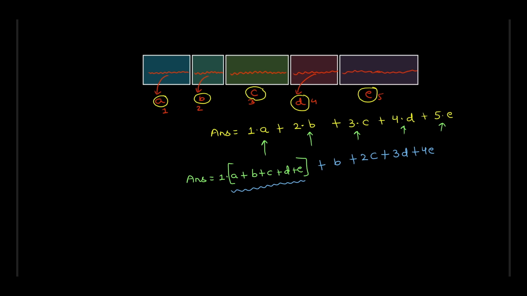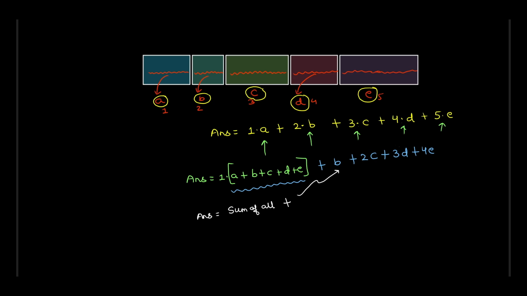So, can we write it like this? Answer is equal to the sum of all plus this quantity. But you can see that this quantity resembles the original structure: 1 into something plus 2 into something plus 3 into something. So can we apply recursion and do the same thing here? Can I borrow one C, one D, one E from here?